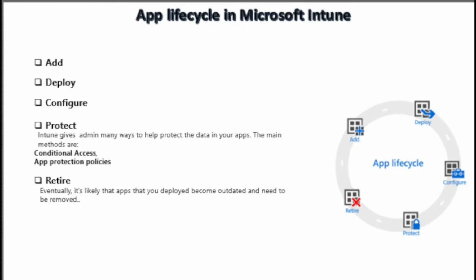Another way is to use an application protection policy. An app protection policy helps the admin to protect the company data that they use. Consider an example where you want to restrict copying data between an unmanaged app and the app that you are managing, or you want to prevent an app from running on a device that is non-compliant, jailbroken or rooted.